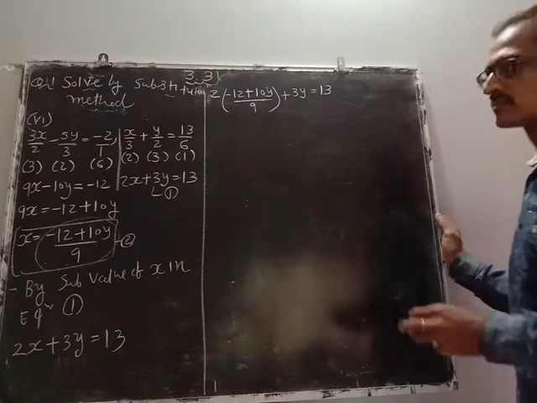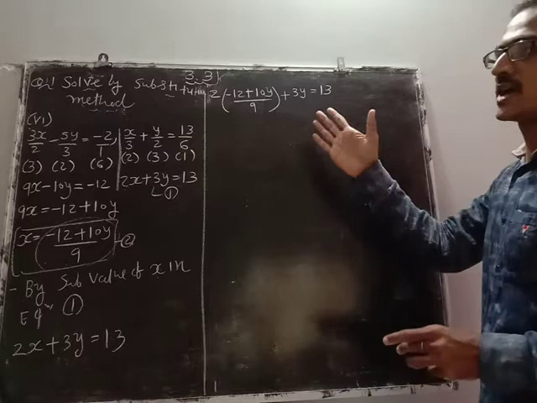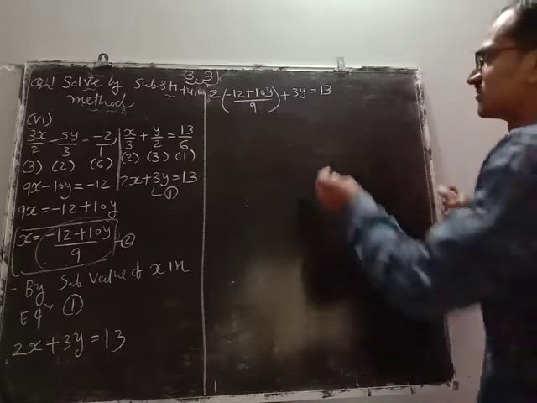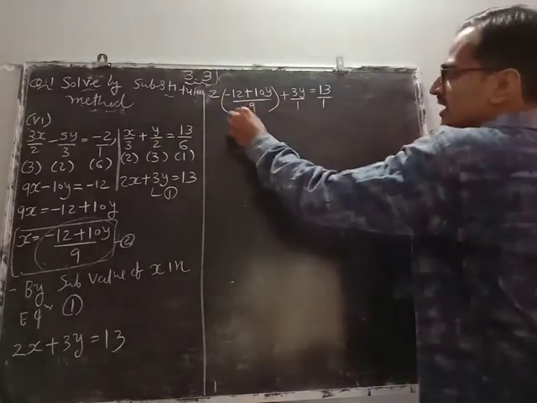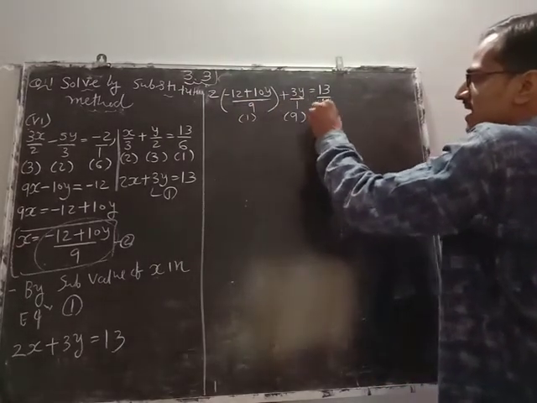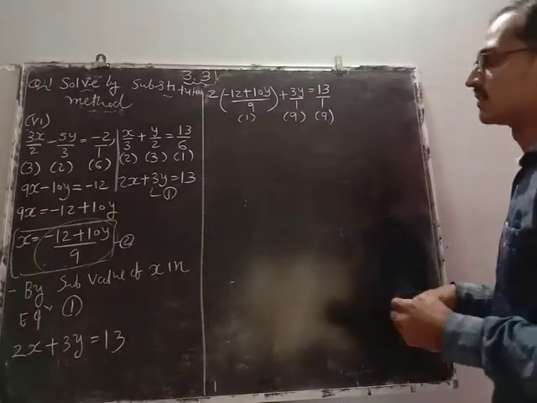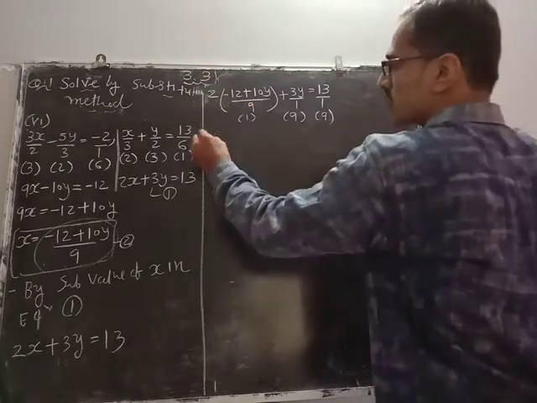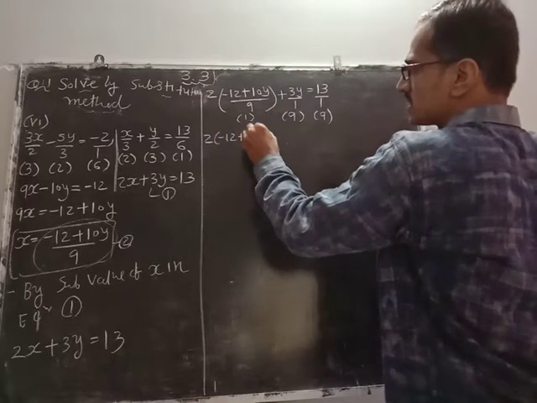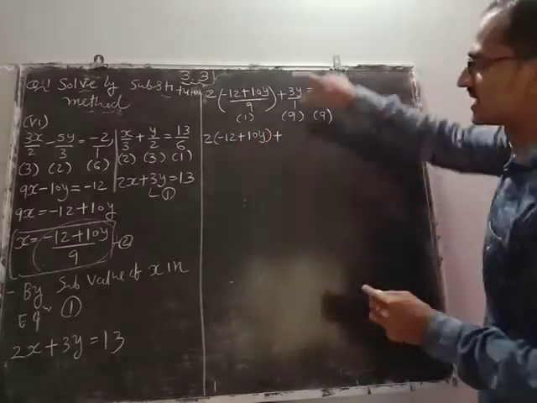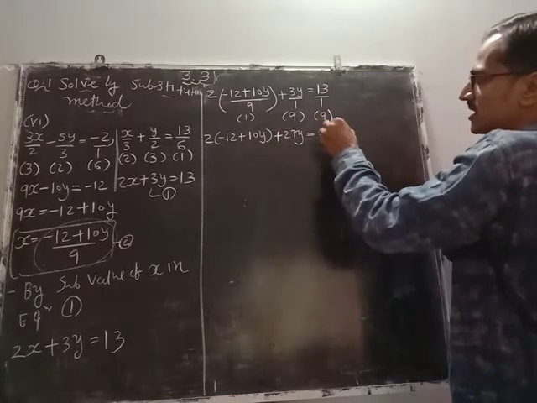equal to 13. Okay. Now as I told you, at any step if you are getting fraction, find out LCM. 1, 1, LCM of 9, 1, 1 will be 9. It will multiply with 1. 9 1s are 9. So multiply numerator. 1 2s are 2, this bracket minus 12 plus 10y, plus 9 3s are 27y, 9 13s are 117.